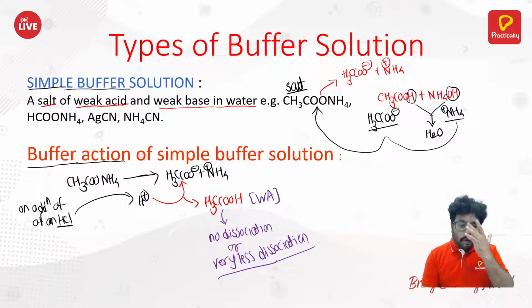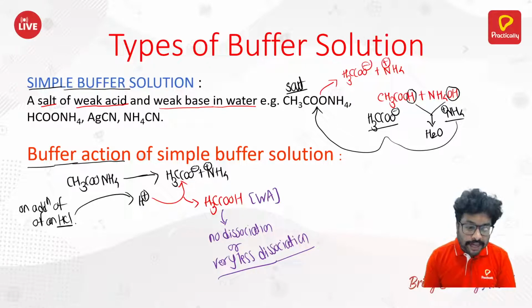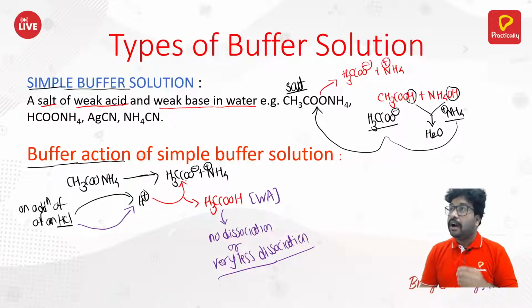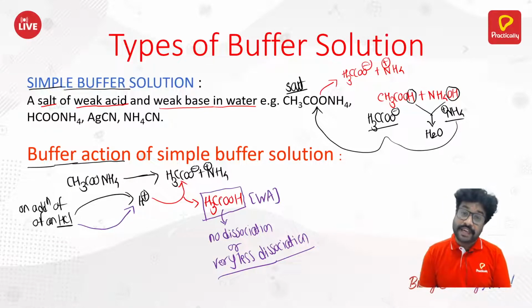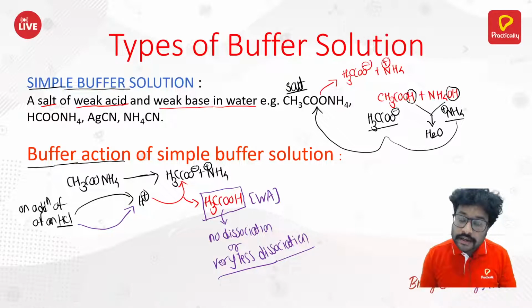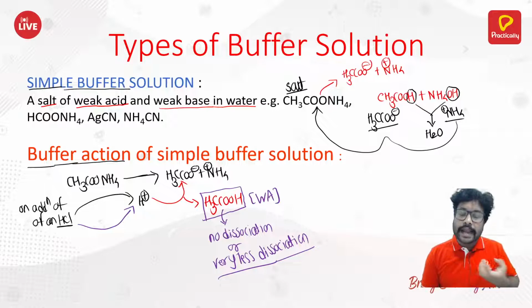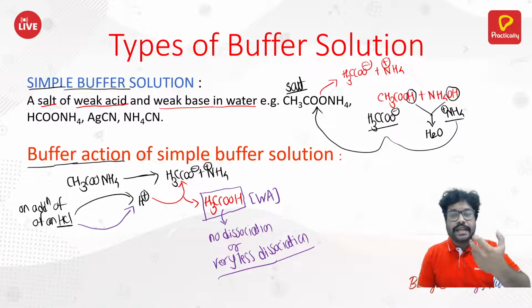In other words, whatever H plus ion you added was captured or absorbed by the acetate ion to give you acetic acid. And acetic acid is a weak acid, so it will not dissociate further. It has taken up that H plus ion, so the acidity will not increase, because H plus ion is responsible for increasing the acidity.